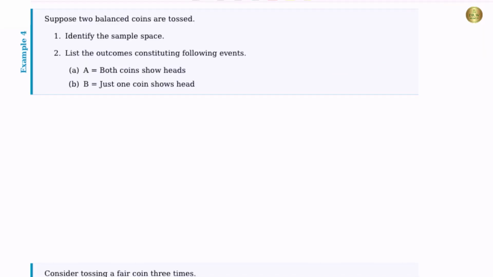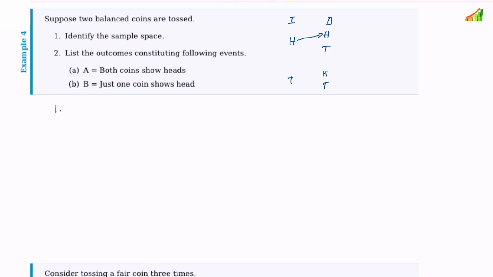Example number 4. Suppose two balanced coins are tossed. First one, identify the sample space. Now think about two balanced coins. First coin, what are the outcomes? It is head and tail. Consider the second coin. So here, head and tail, head and tail. With the first coin head, and second coin head.